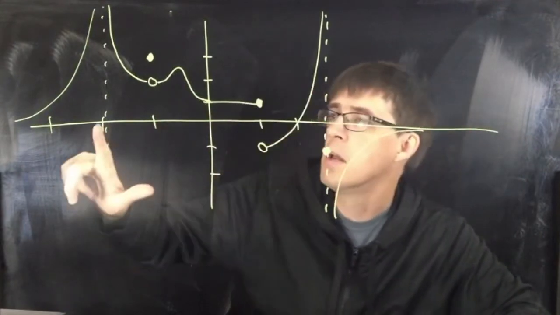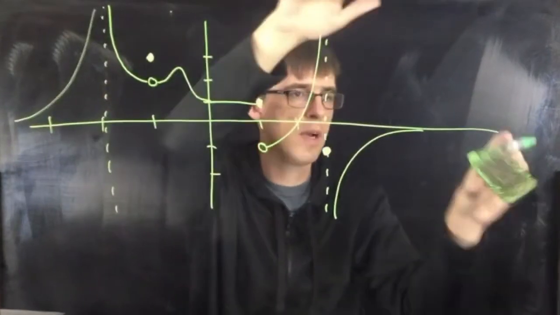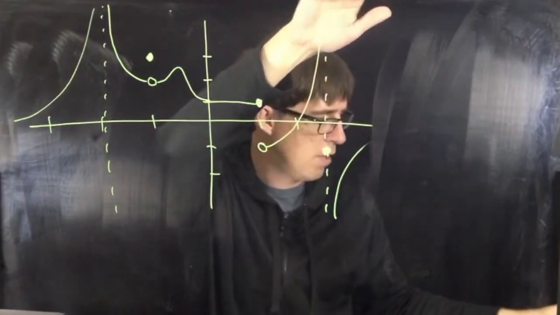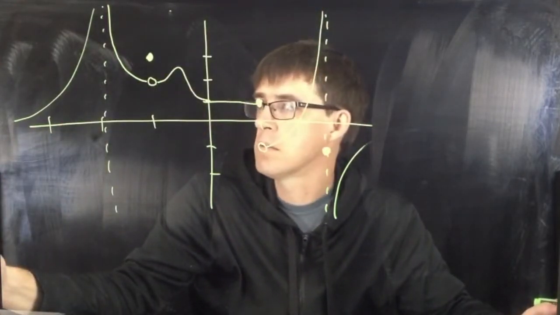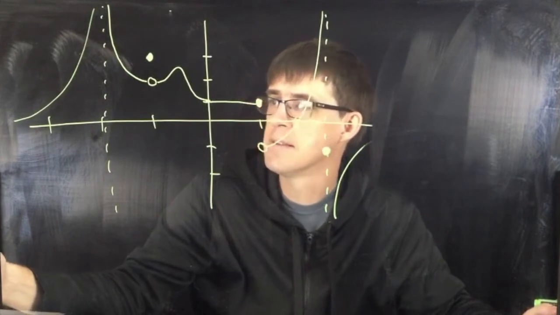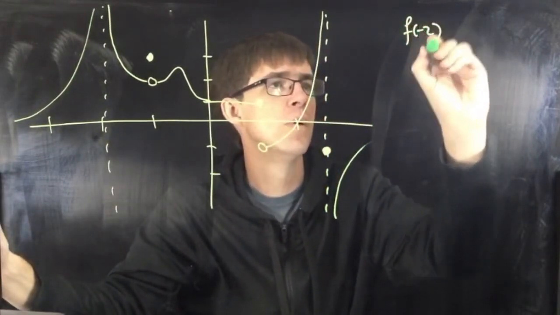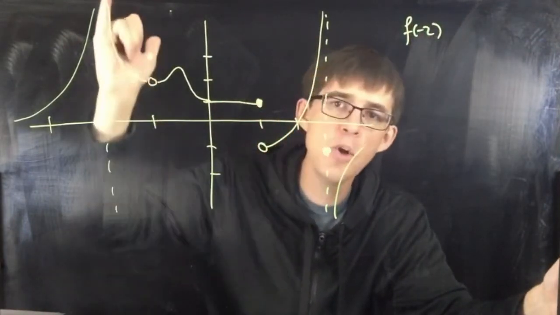All right, let's see. How about -2? What is f of -2? I'm going to try and squeeze these all in right here. I hope your paper is bigger than my piece of glass. What is the y value here? Well, I see no y value here.